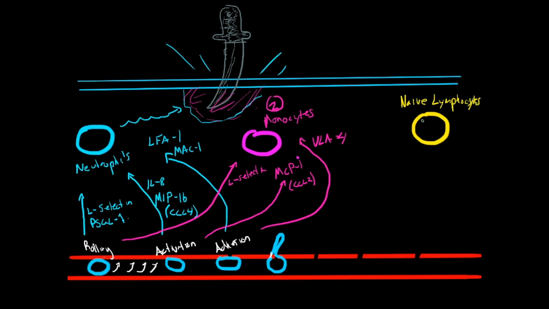In rolling, this is going to get a little busy here, they have L-selectin, LFA1, which is similar to the adhesion molecule used for neutrophils, and then VLA4, which is similar to the adhesion molecule used in monocytes. And these are in their low affinity forms.